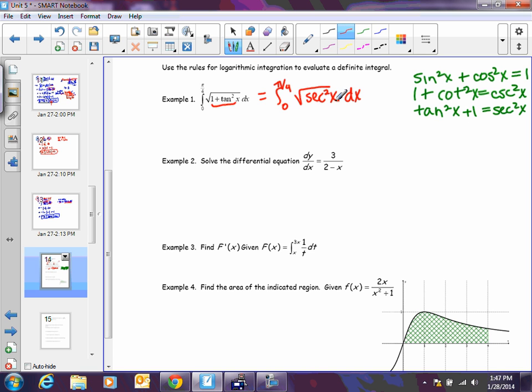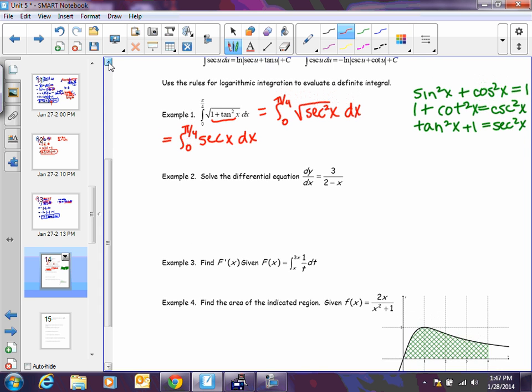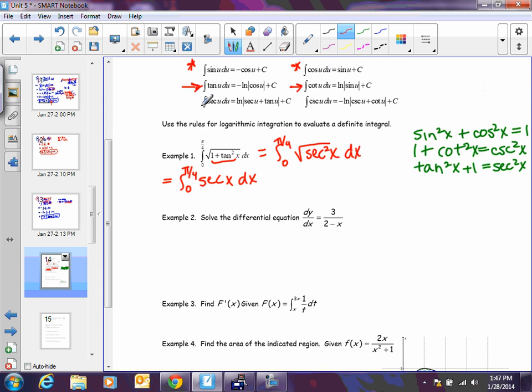All right, so back to this problem. What else can we do to simplify? Square root of secant squared. That's just secant. Now here's the thing. We don't know how to integrate secant unless we use this integral rule right here.